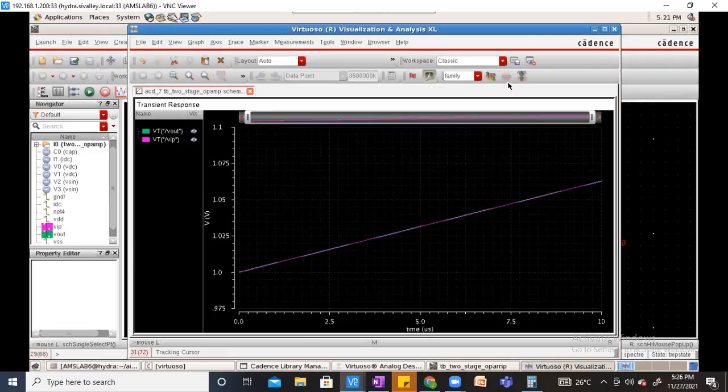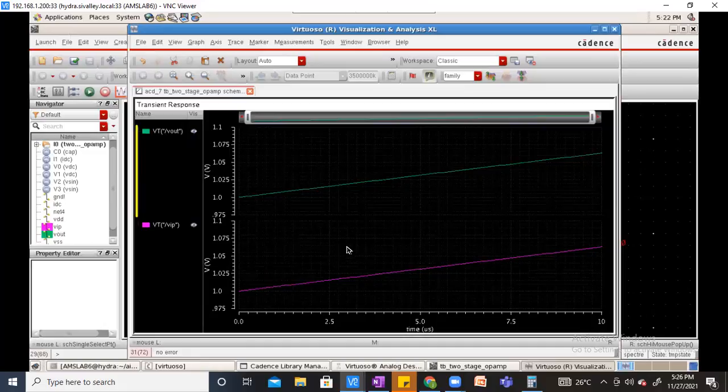Why is it not coming? First thing, why does this input keep on rising?